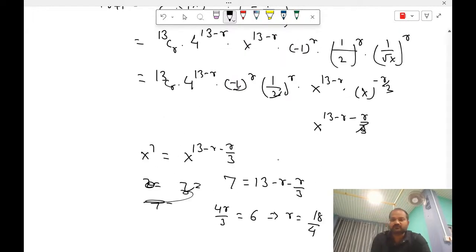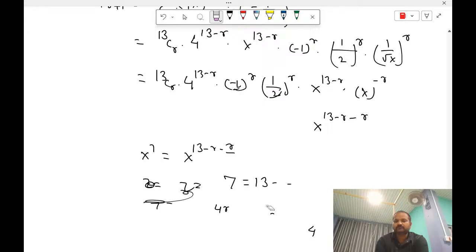We should write this correctly. It is not 3, it is 2. So 13 minus r divided by 2. 7 is equal to 13 minus r divided by 2.